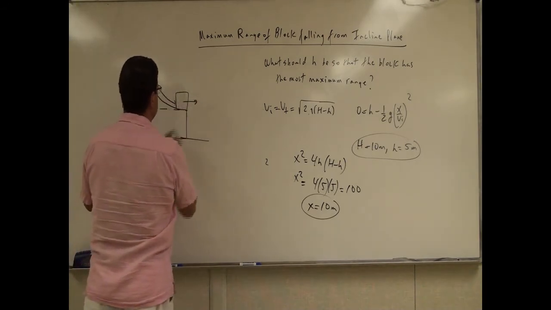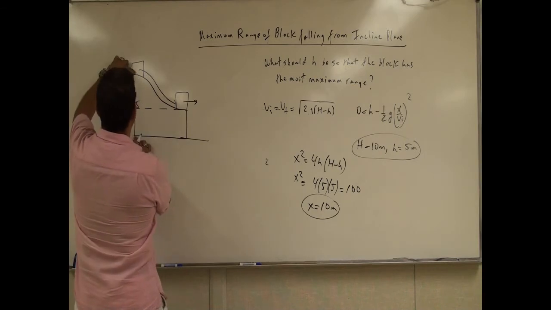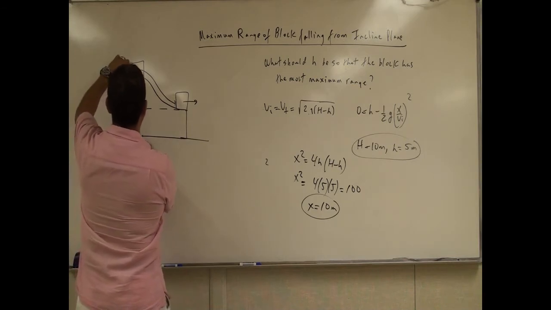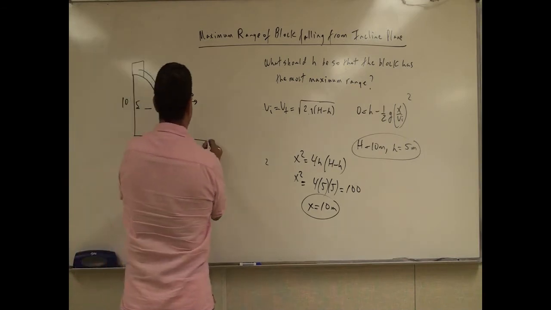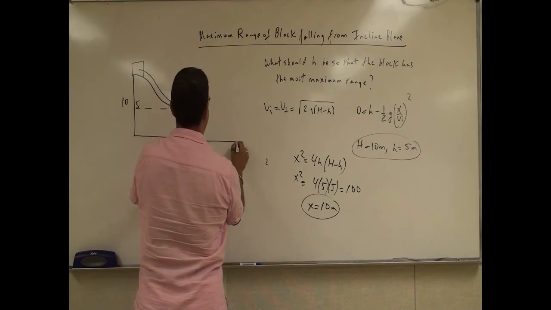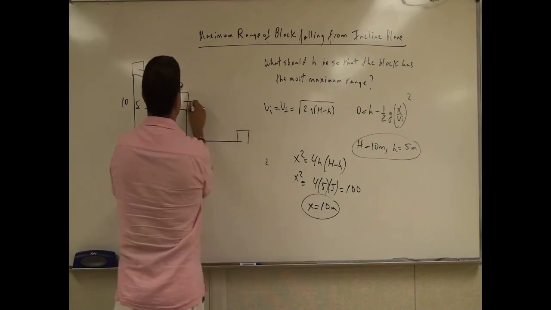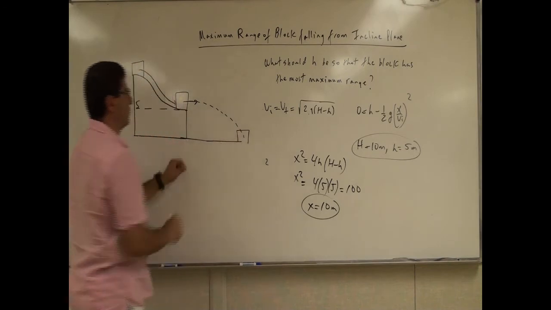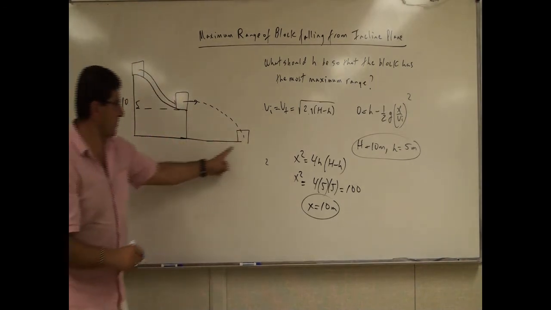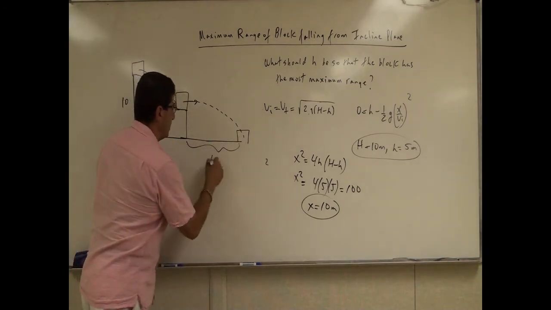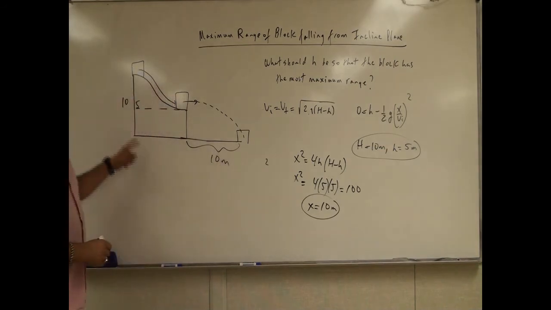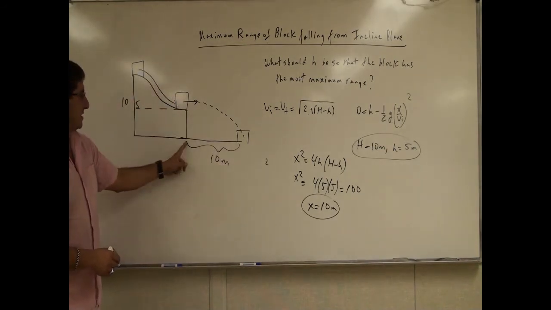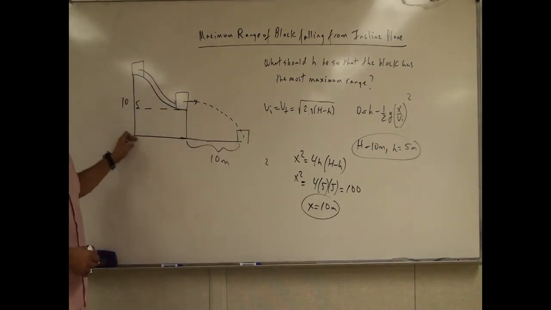Then it would go like this, and how far would it go? It's going to go the same distance that it fell from, right? So if that's 10, this is going to be 10, somewhere over here. It's going to perform projectile motion and fall on the ground 10 meters from the edge of the incline, the same distance that it started with, okay?